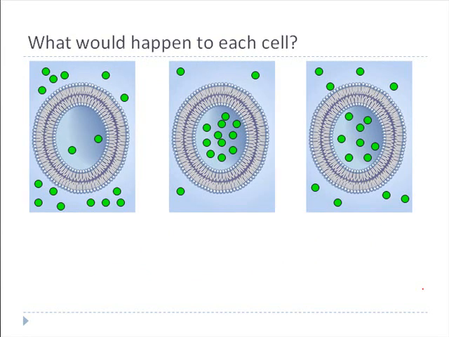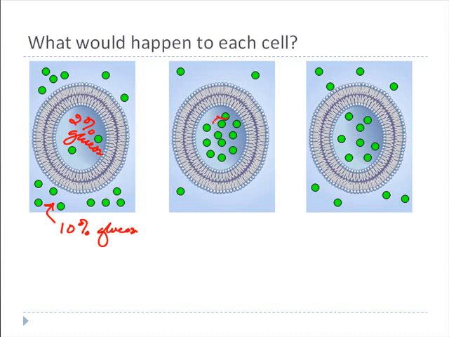Now, in this last slide, what I'd like for you to do is see if you can figure out what would happen in each of these scenarios. So let me give you some numbers here. Let's decide that in this first cell, the inside is 2% glucose, and the outside here is 10% glucose.